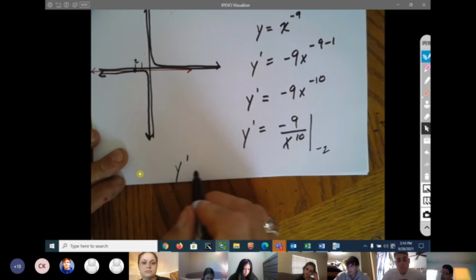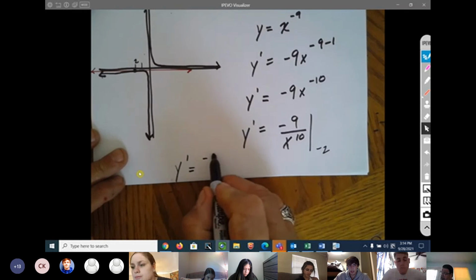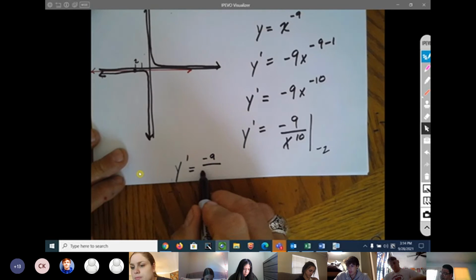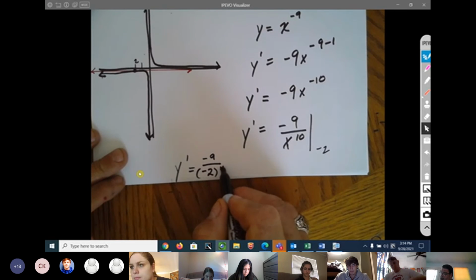Y prime is equal to negative 9 over negative 2 to the 10th power.